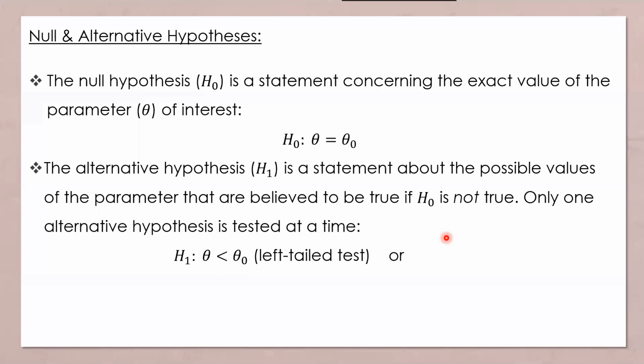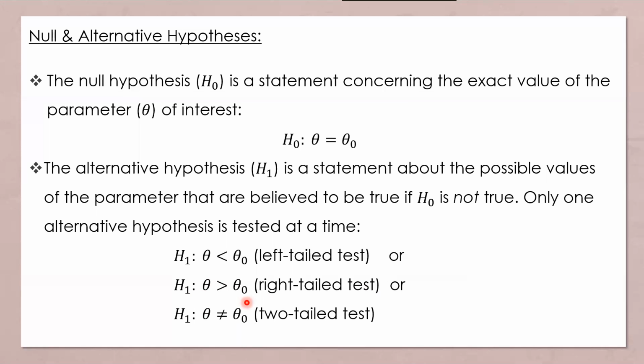All right. As the gentleman suggested, we can carry out a left-tailed test where we are now testing if that population parameter should actually be less than the specified value in the null hypothesis. Or we could perform a right-tailed test where we are testing that the parameter should be greater than that specified value.